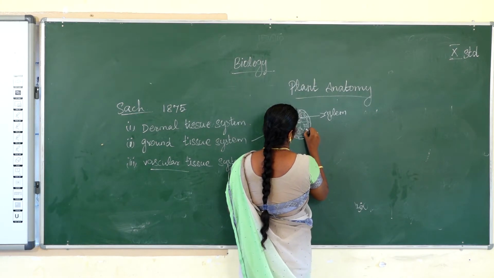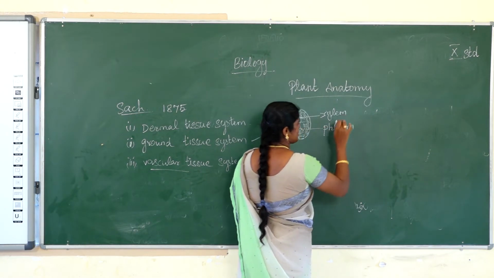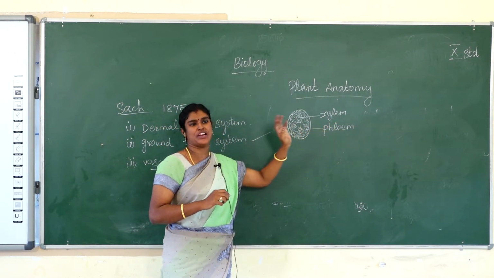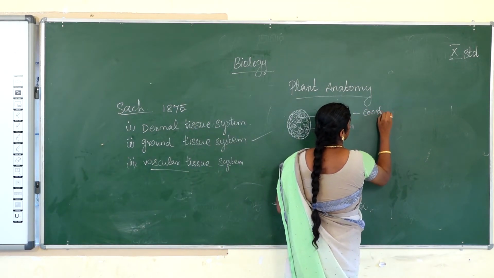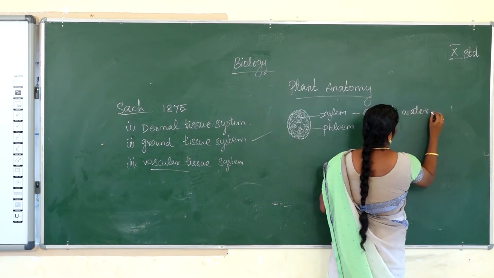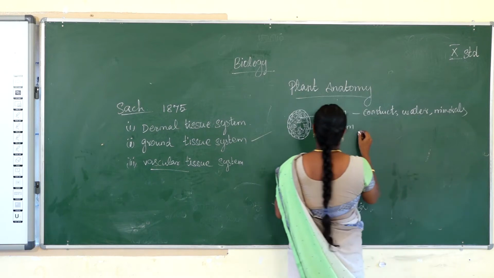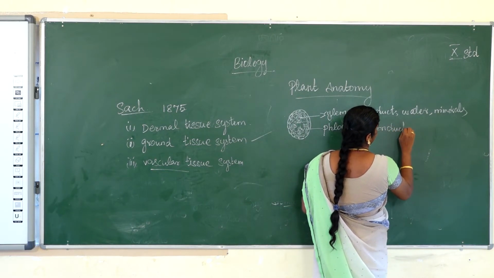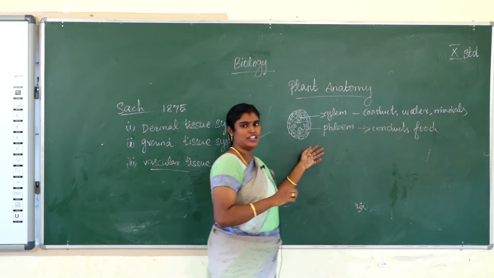What is the use of xylem? Xylem conducts water and minerals to different parts of the plant. Next, phloem. Phloem conducts food to different parts of the plant. These are the main uses.